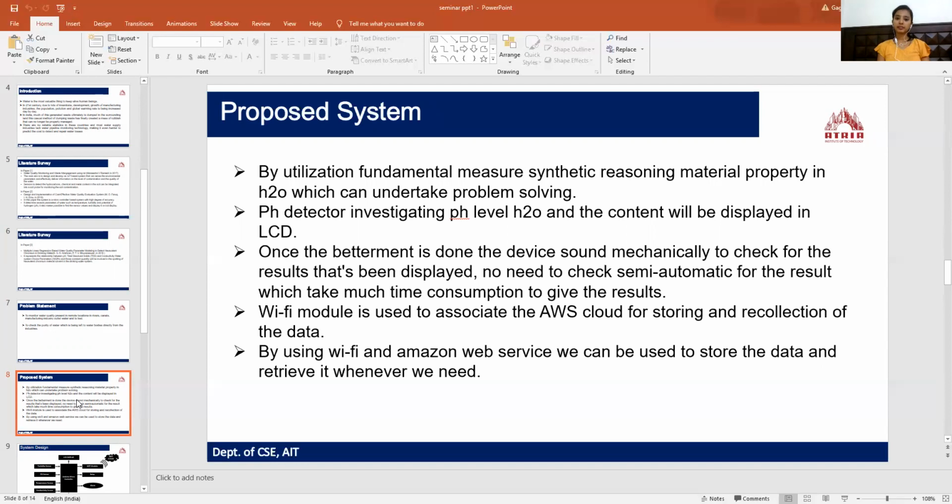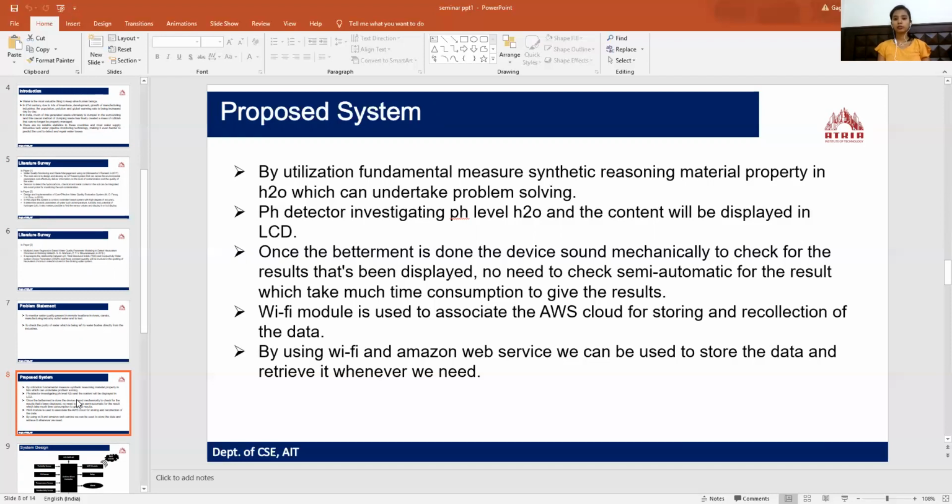Once the measurement is done, the device sounds automatically to check for the result that has been displayed. Means once the complete process is completed, there is an alarm which beeps to indicate that the process is completed. Now you can check the value on the LCD display. No need to check semi-automatically for the result, which takes much time to give the result.